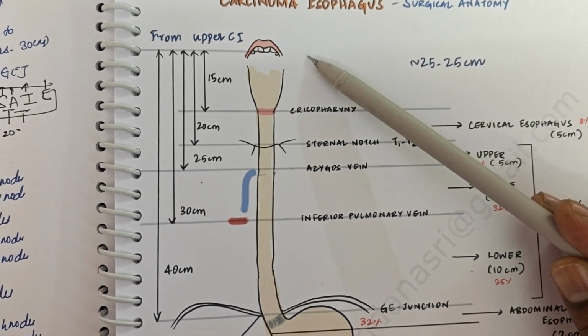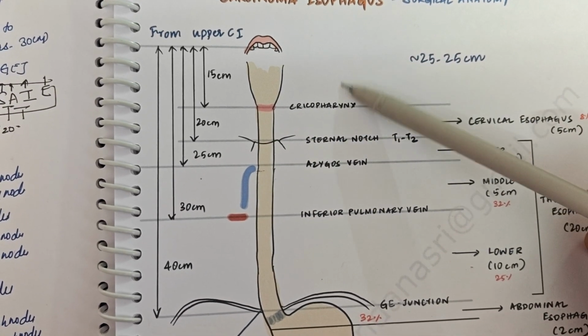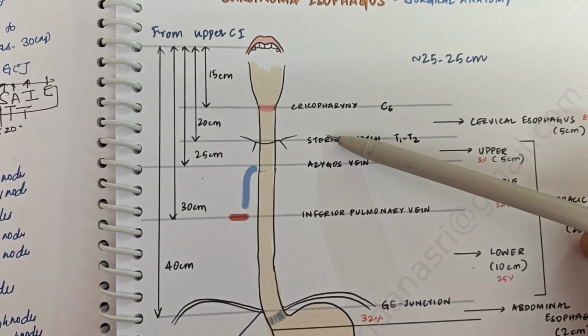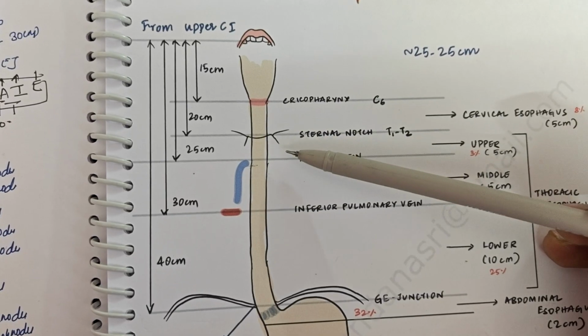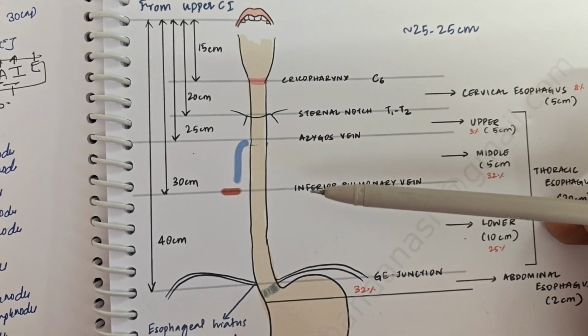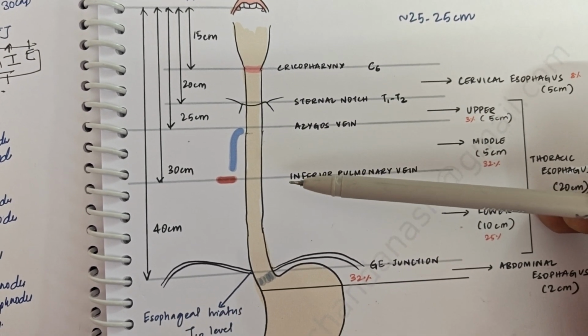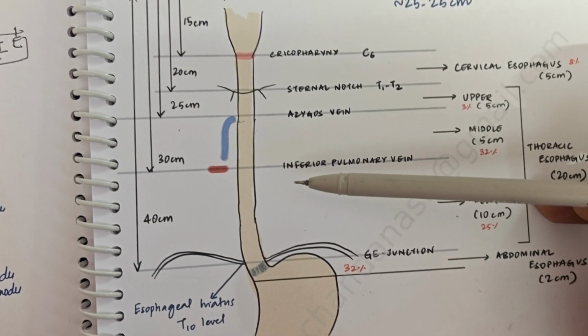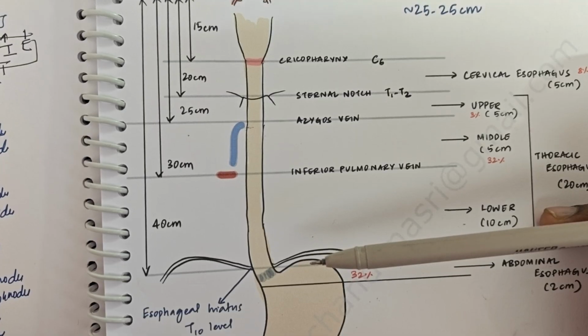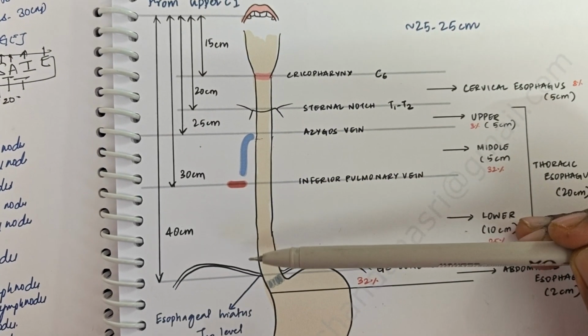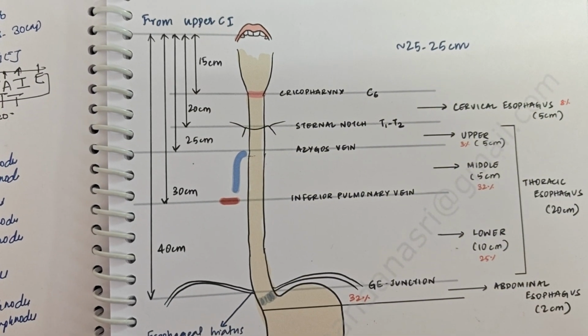Azygos vein, add 5, 25 centimeters. Inferior pulmonary vein, add 5, that is 30 centimeters. GE junction, add 10, that is 40 centimeters.